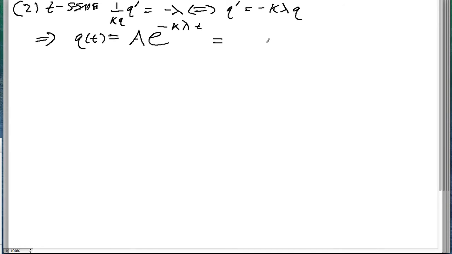We know what lambda is, and k was a given parameter in our problem, so that's a e to the negative k times n pi over L, all quantity squared, times t. We can call this Qn, and we don't really need to put the a on there.